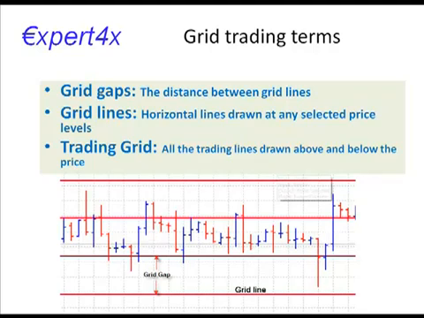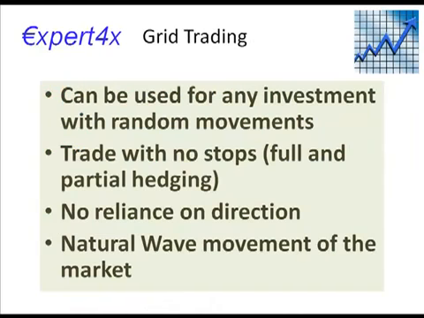Just to clarify, we only need charts to establish our grids and establish the currencies that we're going to be trading with. After that, trading charts are not needed, as we use pending orders and the broker's trading platform to trade the grid system.